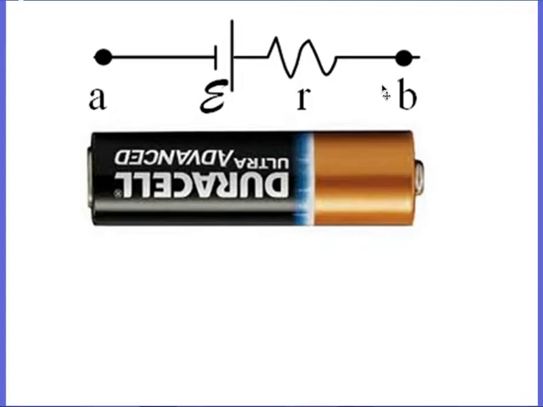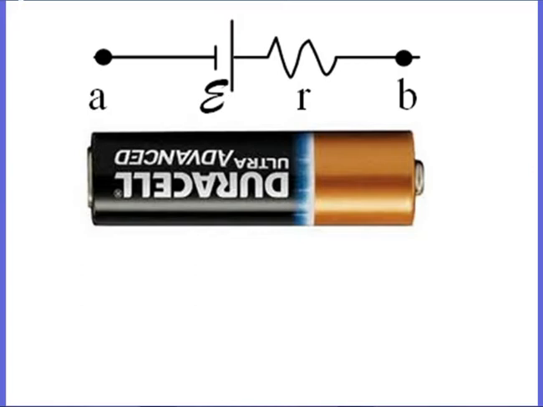So to physically represent the cell, you have the chemical behavior, which is a seat of EMF, but also inside of that seat of EMF you have what we call an internal resistance. We use a lowercase r. And then we have these 2 points, A and B, which are the terminals, the outside edges. And so when we refer to the terminal voltage, I want to know the voltage between the two edges, which would include both a voltage from this seat of EMF, but also a voltage, possibly a drop, from this internal resistance.